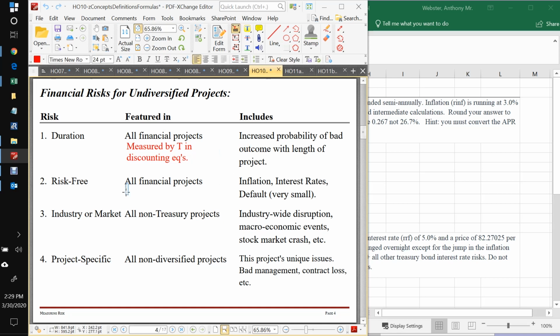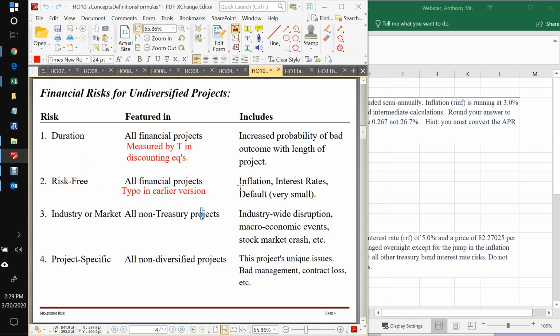Here I'd like to note a typo in an earlier version. There was an earlier version of these notes posted where I think this said featured in Treasury securities, but risk-free risk is involved in any financial project because the least risky project we can do is a Treasury. So risk-free risk includes that Treasury stuff. You can't get away from risk-free risk or duration risk no matter what.